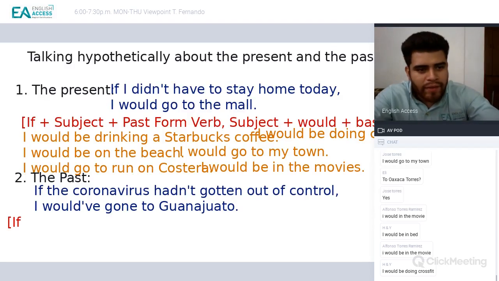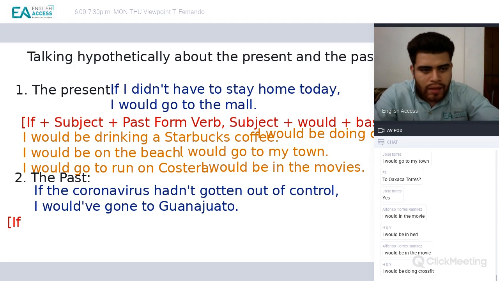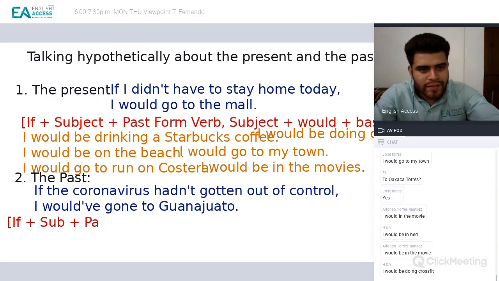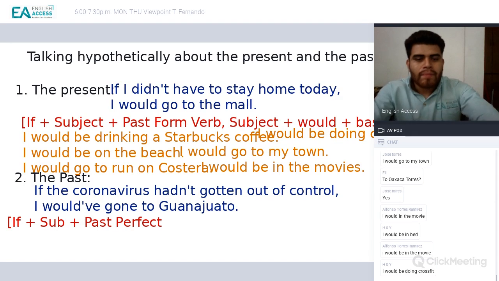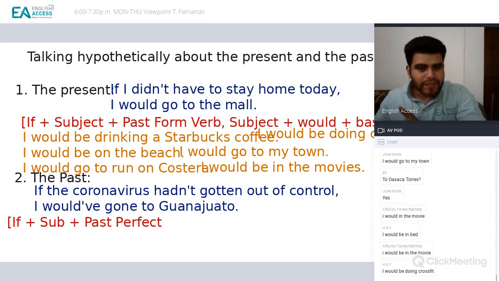Now, we have if plus the subject plus past perfect, because had gotten is the past perfect.